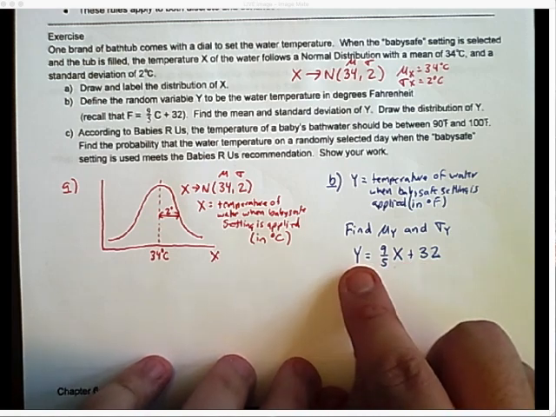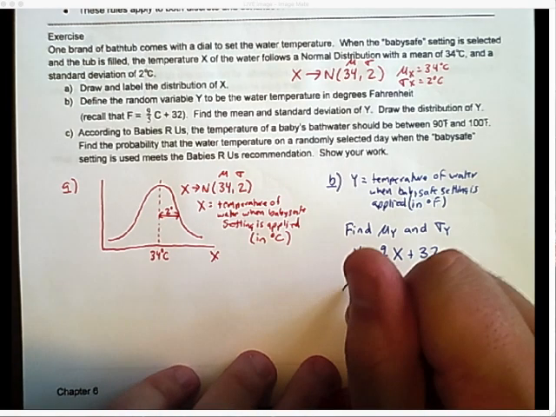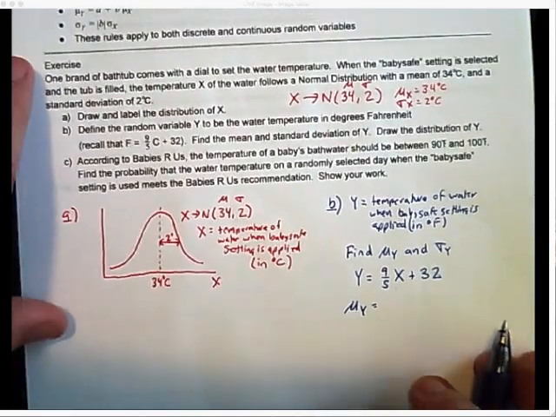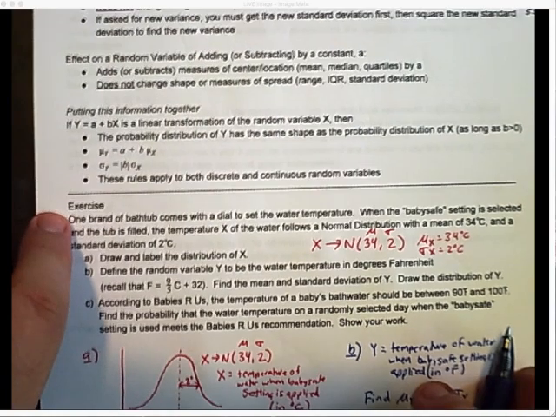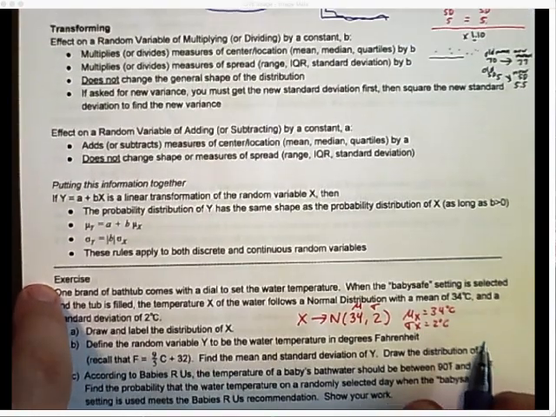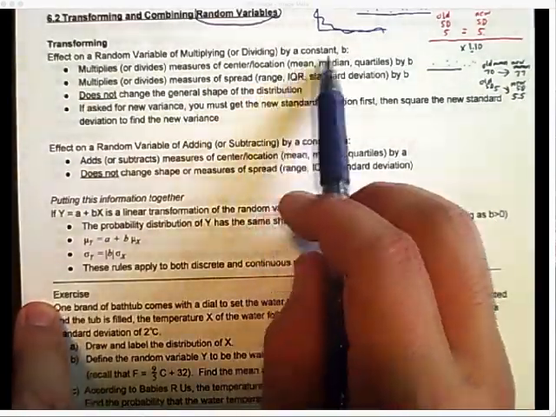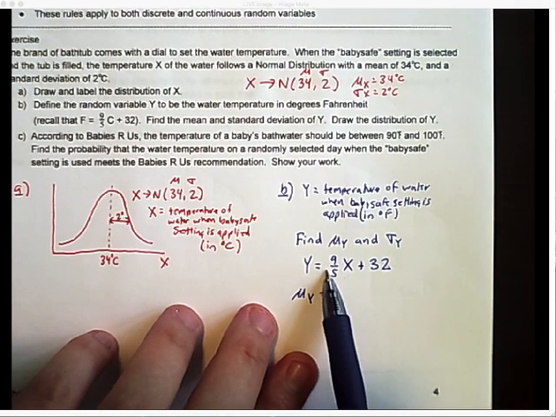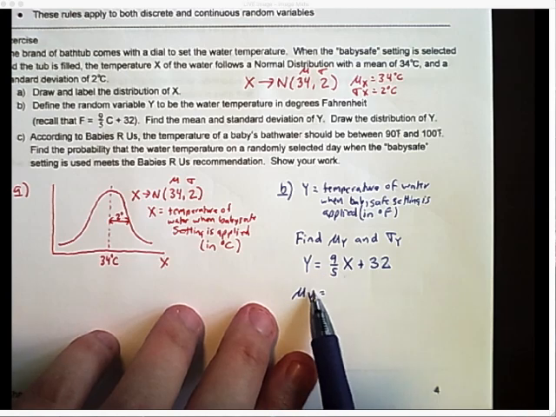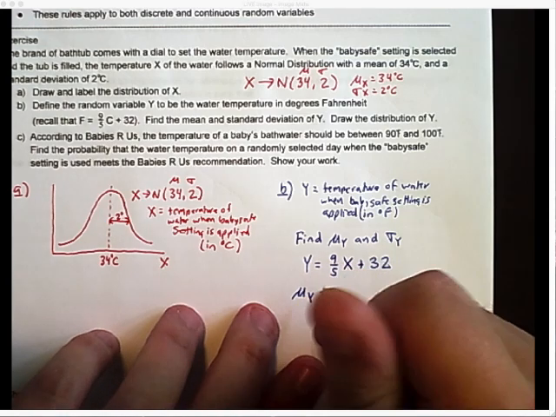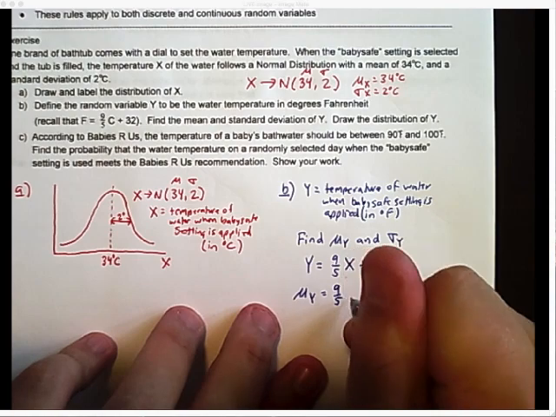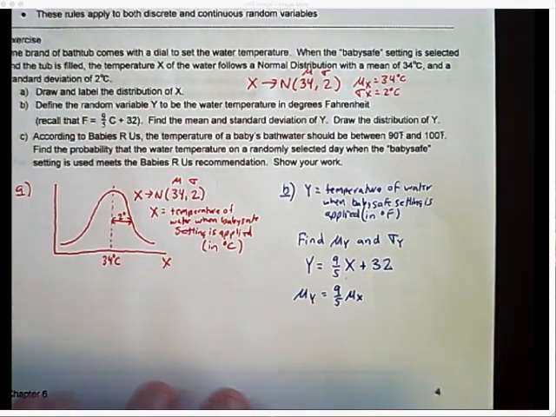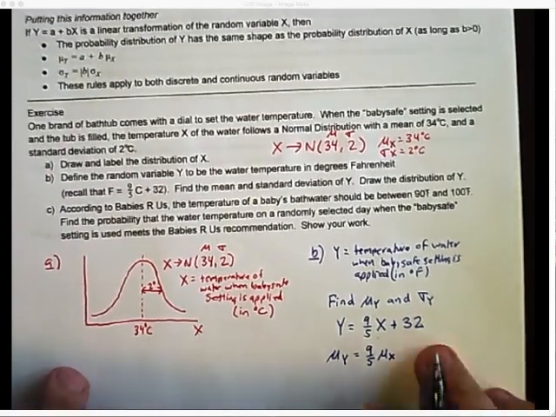Now, how am I going to find the new mean? Well, if you multiply by a constant b, so here I'm multiplying x by 9/5, that's also going to change the mean. So we're going to take 9/5 times the old mean, which we're calling mu sub x. And what about this 32?